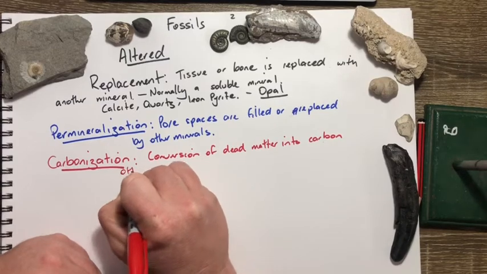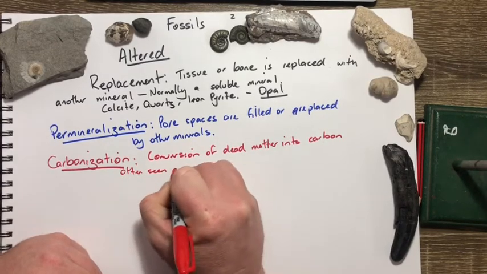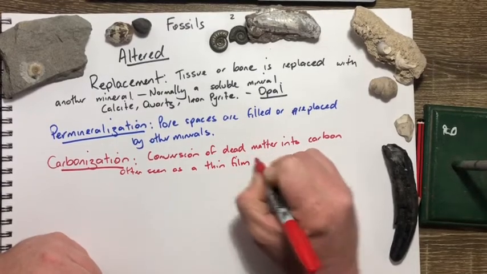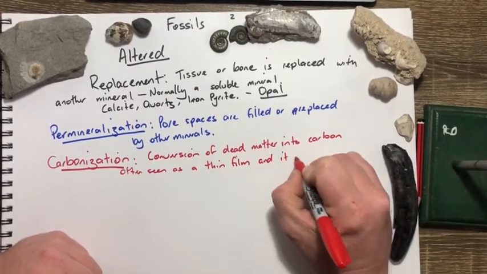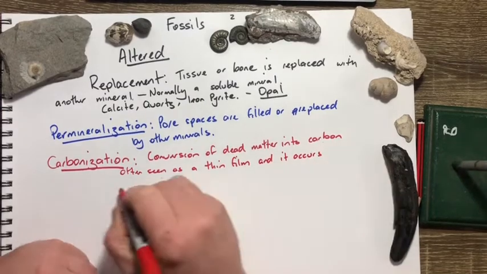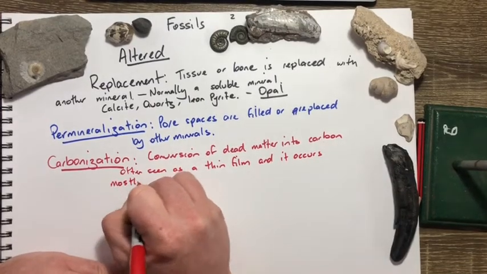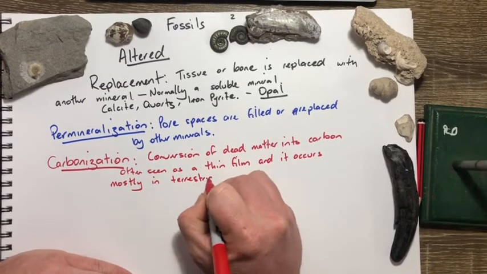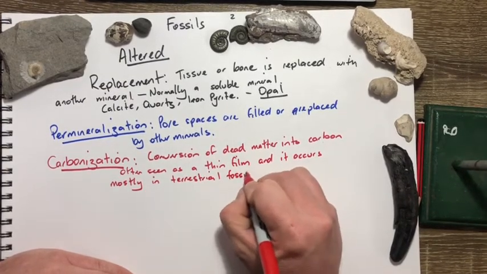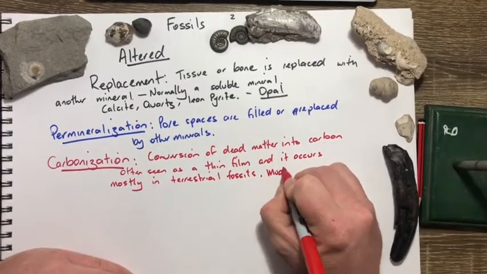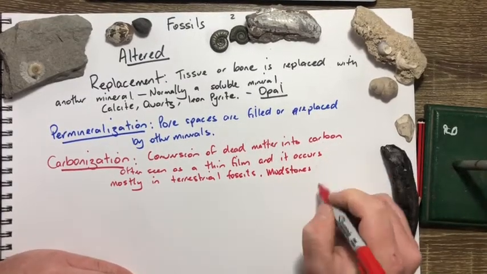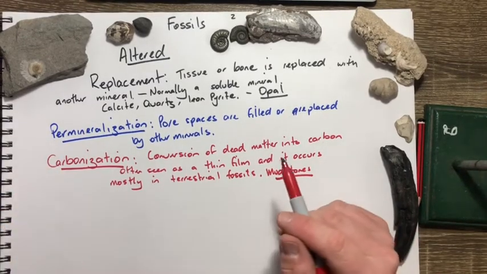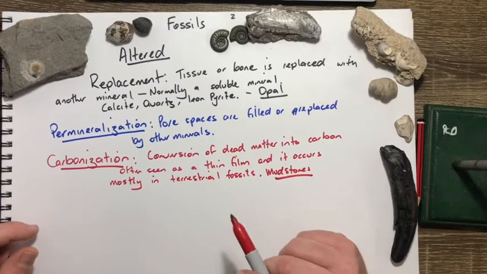Often it occurs mostly in terrestrial fossils, so mudstones, very, very common. Or very fine grained fossils is when you'll see those.